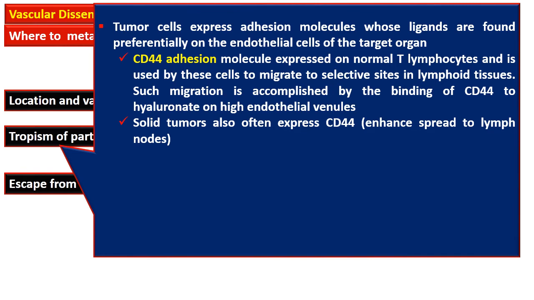One of these is the CD44 adhesion molecule, which is expressed on normal T lymphocytes and is used by these cells to migrate to selective sites in the lymphoid tissue. Such migration is accomplished by the binding of CD44 to hyaluronate on high endothelial cells. Solid tumors also often express CD44, as we have seen earlier.